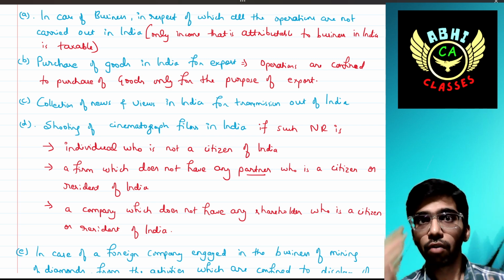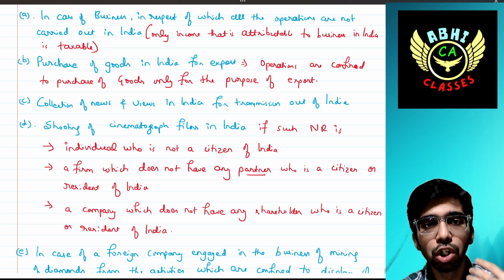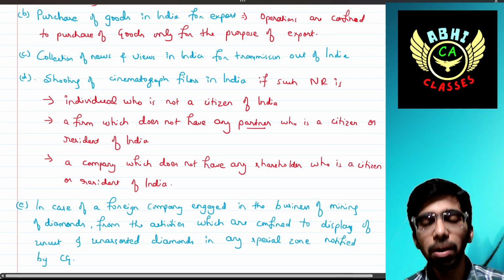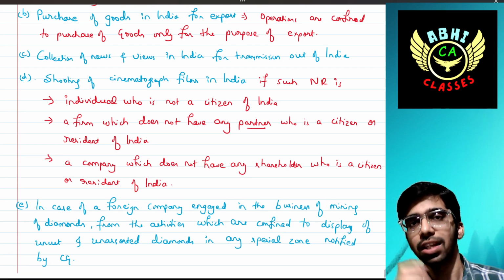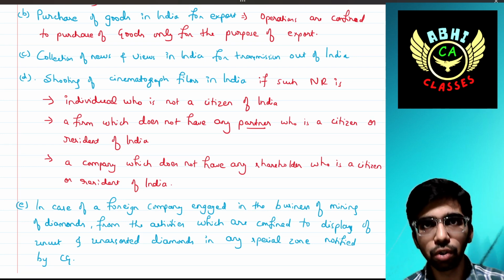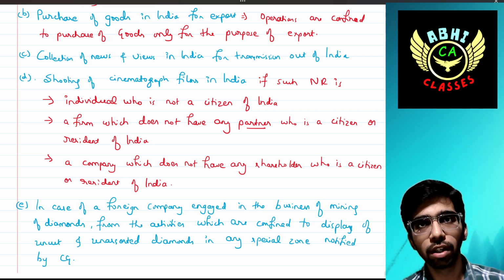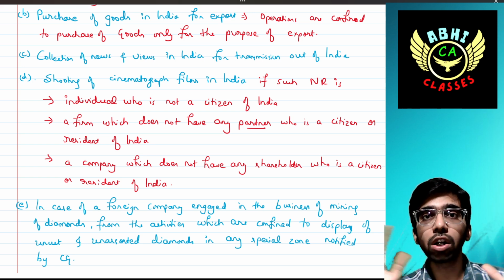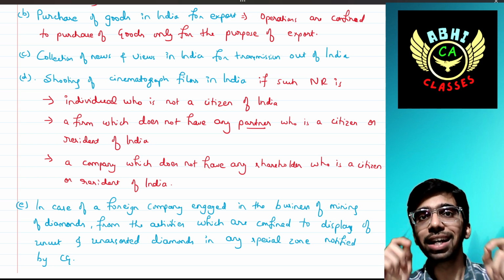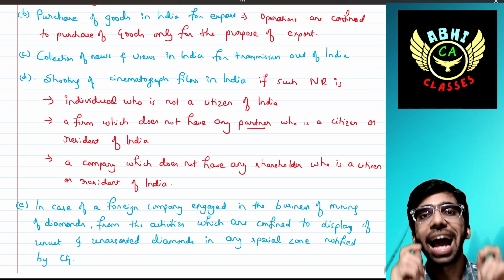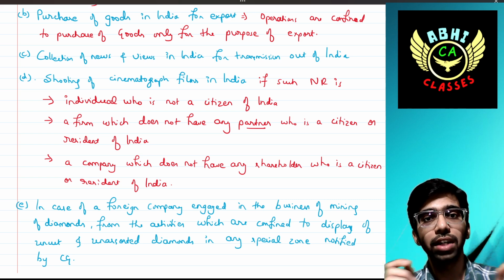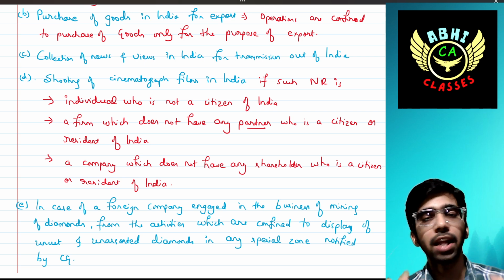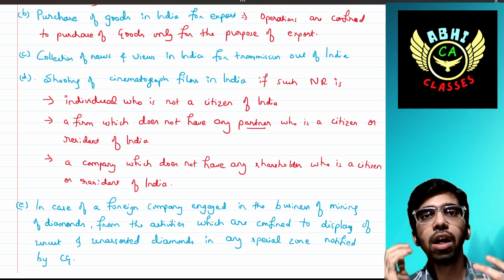Next, shooting of a cinematograph film in India. If the NR is an individual who is not a citizen of India, the income generated from shooting of any films is not taxable. The person should not be an Indian citizen. If it is an Indian citizen, then it will be treated as his income taxed in the previous year.